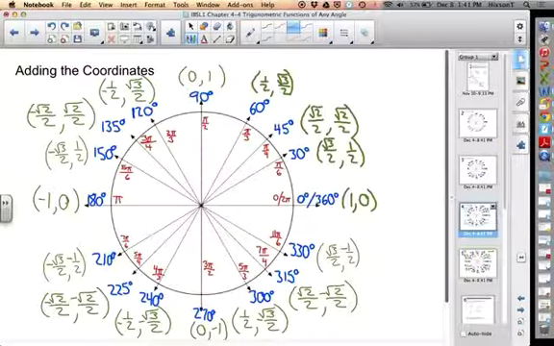Okay, guys, this is where what I mentioned earlier comes into play. Notice everything's positive in the first quadrant. All students take calculus. Over here, the y's are positive, which means sine is positive. And since cosine's negative, a positive over negative means that tangent's also going to be negative.